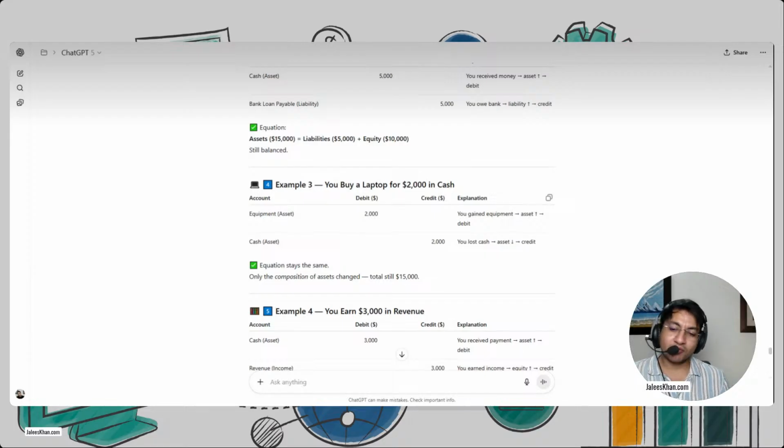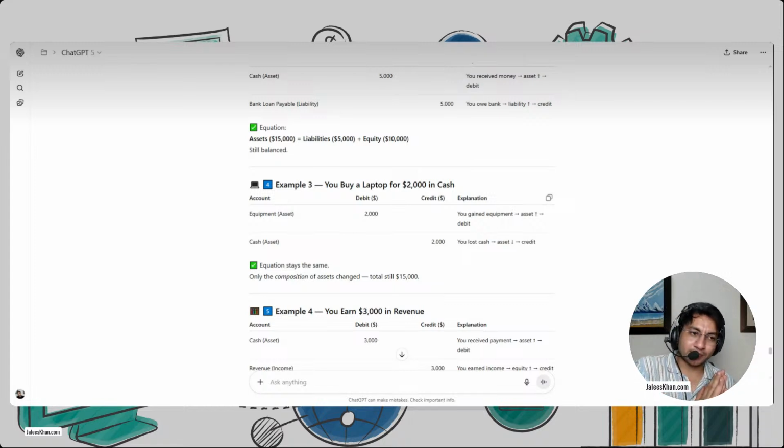The end of the transaction is the equipment asset within my business account. So that's why it is coming under the debit column. Okay, got it.